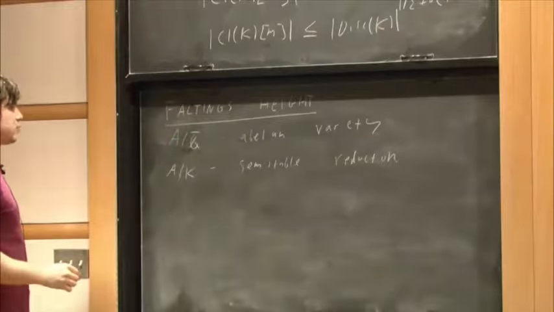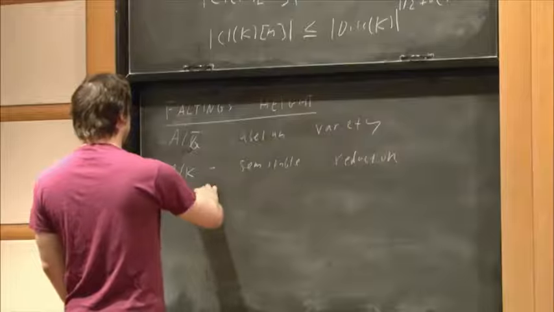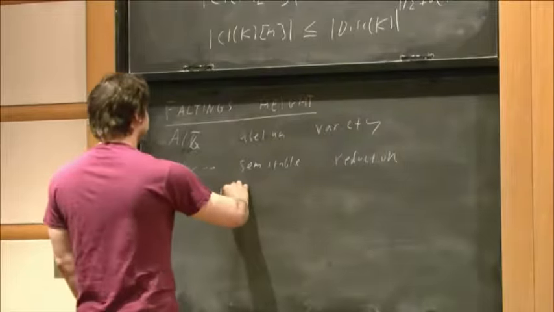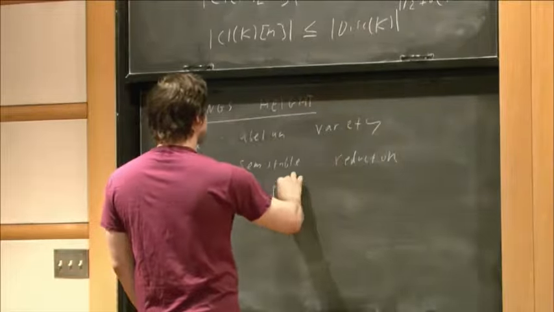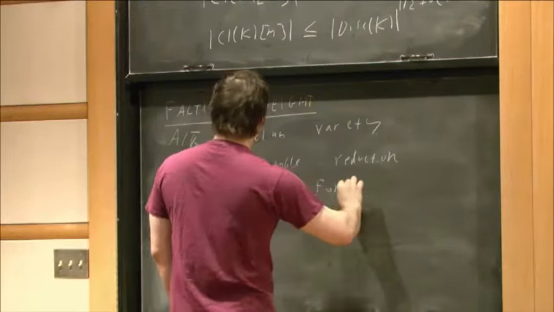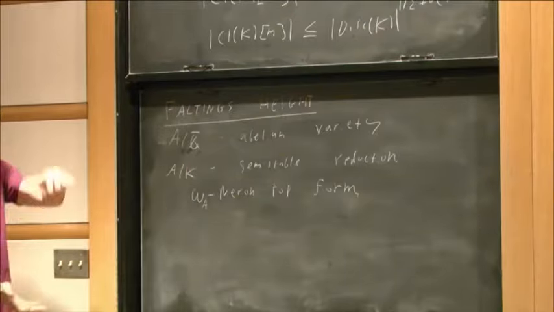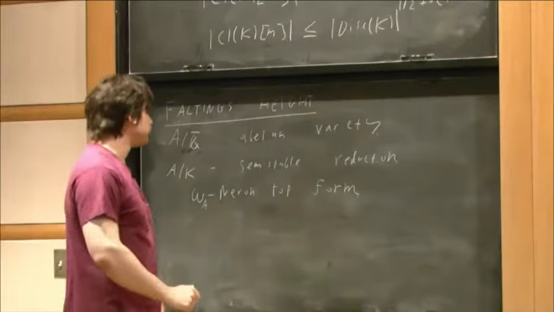And I want to arrange it so that you have a Néron top form, I'm going to call it omega sub A. It's a form over the integral model for A that generates all the other ones.